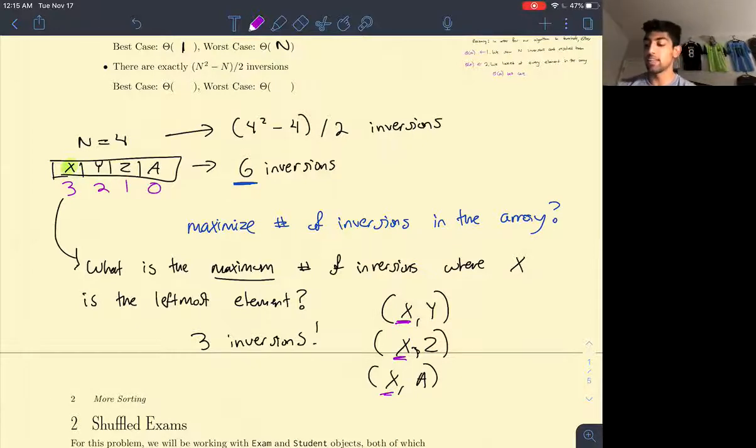And what we can realize is that we can generalize this as n squared minus n over 2, which is n times n minus 1 over 2. Actually, it's the same as the sum of the first n minus 1 numbers.